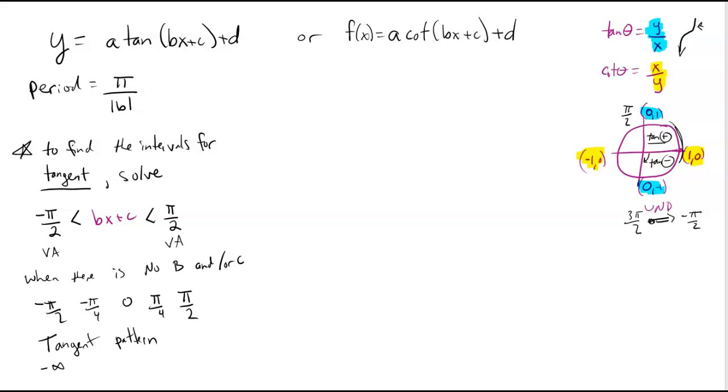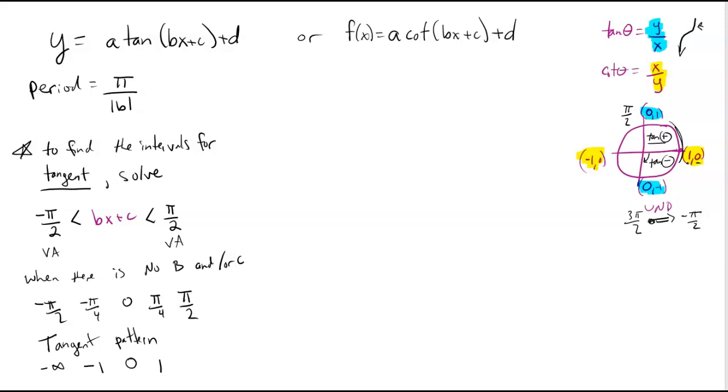Now, pi over 4 and negative pi over 4: one's going to be positive, one's going to be negative. Remember that pi over 4 is the same as 45 degrees, right? And so the tangent of 45 degrees gives us 1, which means if it was negative 45 degrees or negative pi over 4, it would be negative 1. Tangent of 0 is just y over x, so that's purely 0.